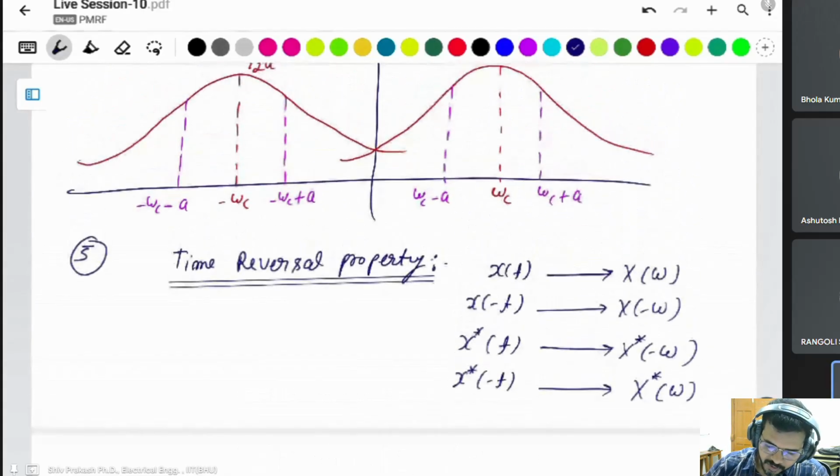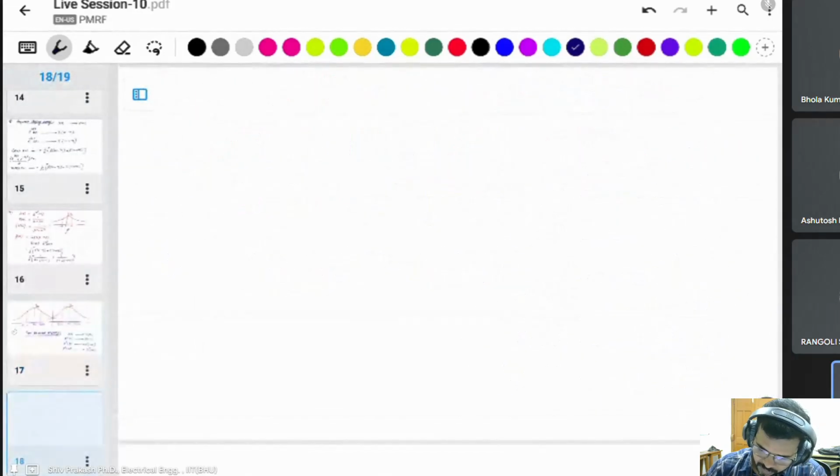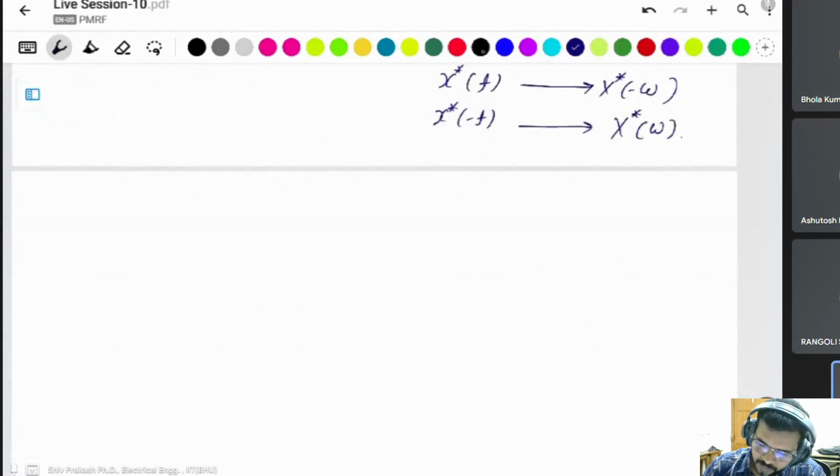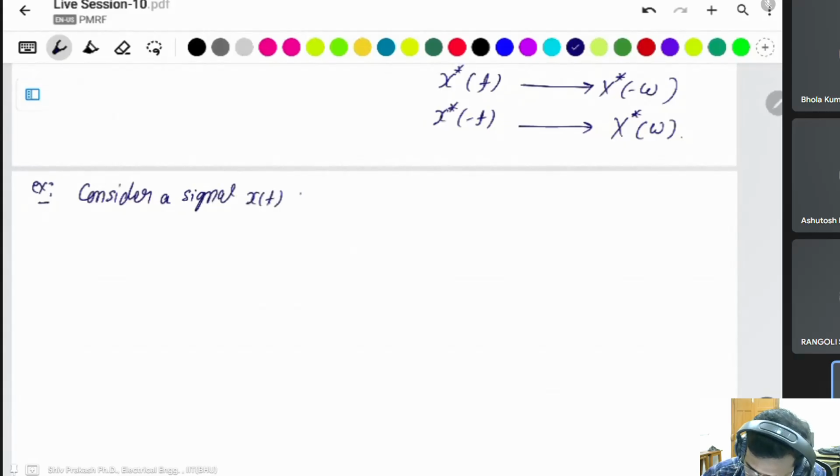Okay, let's take some example for this one. Consider a signal xt which is e to the power of minus 2t.